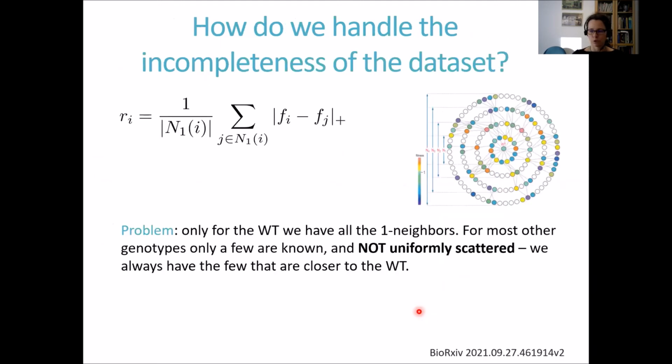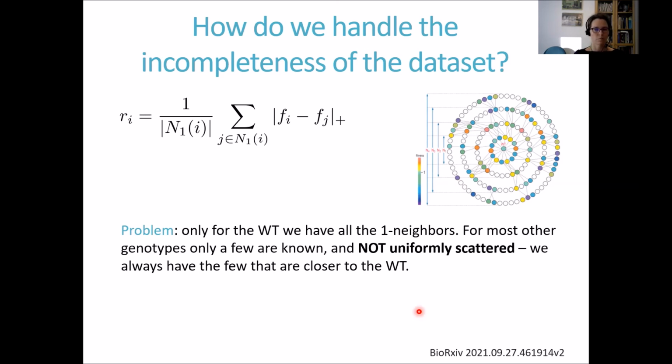Just a few words about the technicalities here. There were lots of technical challenges just because we were working with an incomplete data set that had many holes, and the definition of fragility was based on having all the single mutants of a genotype. And actually we had all the single mutants only for the wild type.